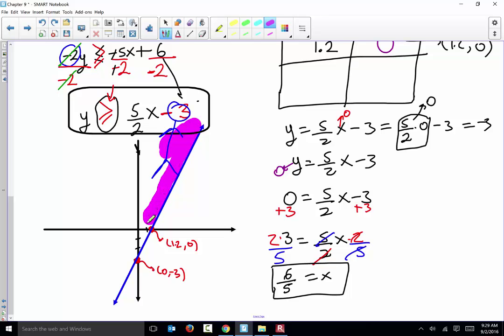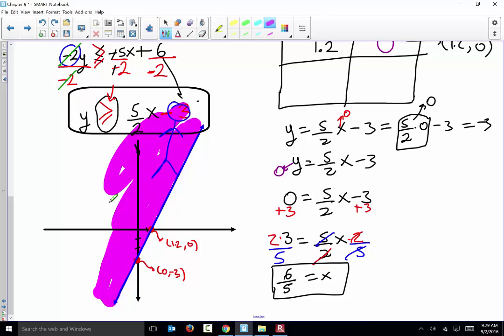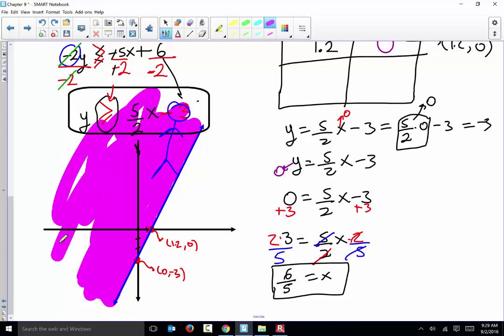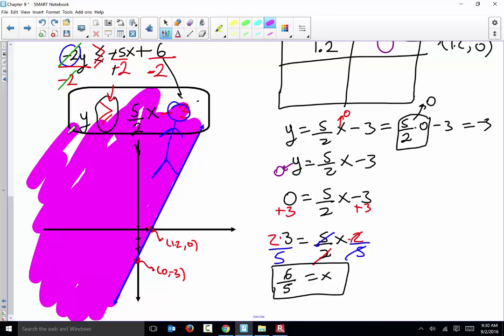I missed my elementary school, so this is how you color, right? This is the part. Just color some part above the line. I'll get it. Okay.